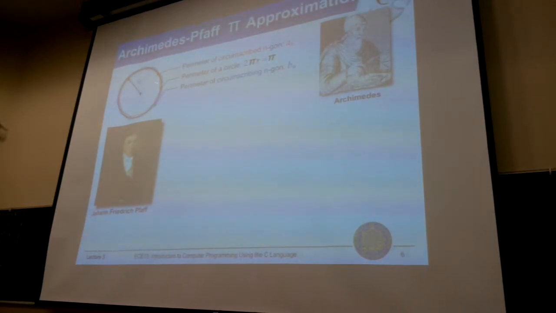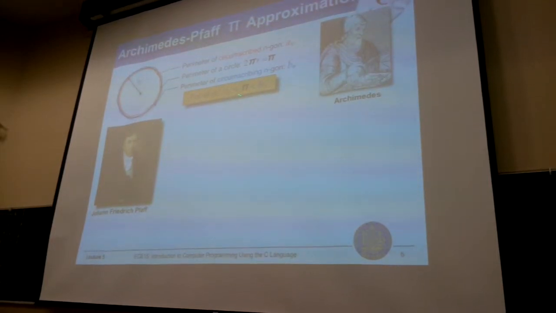And if you look at this visually, you should be able to see a fairly simple relationship, right? So if the inscribed n-gon perimeter is a_n, and the circumscribing n-gon's perimeter is b_n, we can set up an inequality here.